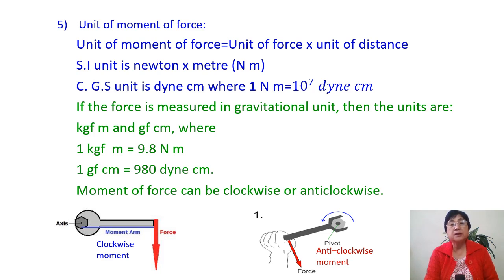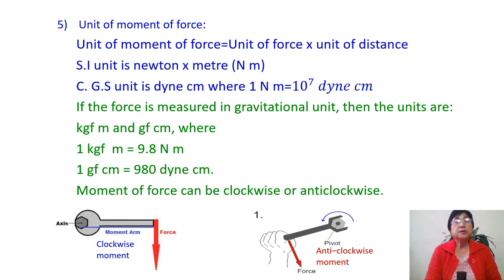Now, SI unit of force is Newton, SI unit of distance is meter, so SI unit of moment of force is Newton into meter, which we write in short Newton meter. And the CGS unit is dyne centimeter.